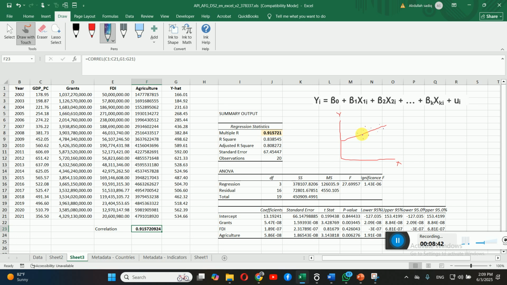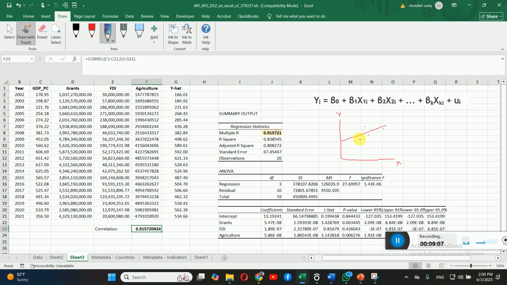You can guess from here. Okay, this is just a hypothetical graph, not based on the data. Now you can guess how closely the predicted values are related to our actual values. So if they are correlated, then the actual and predicted values are closer together. The actual values are clustered around the central regression line. So here you can see that they are somehow related.